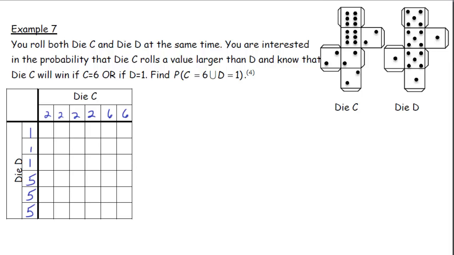Well, one way we could do this, if you already have your sample space written out here, well, let's just go through, is either C a 6 or D a 1 here? Well, yep, D is a 1. So it's here, here, here, here, and so forth. Now here, when C is a 2 and D is a 5, that's a no.